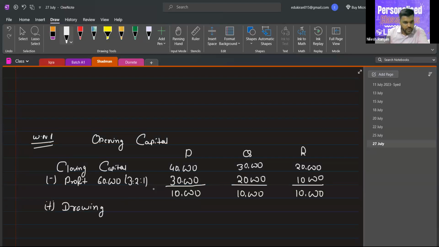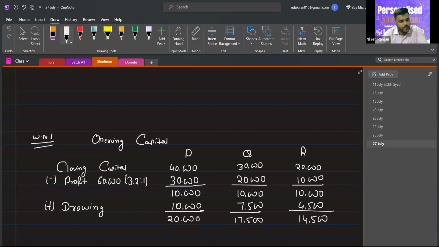So drawings 10,000, 7,500, and 4,500 will be added. The result is 14,500, 17,500, and 20,000. Why are we adding these drawings back to the capital? Because it is already deducted from the capital, and now we need to know the opening capital.